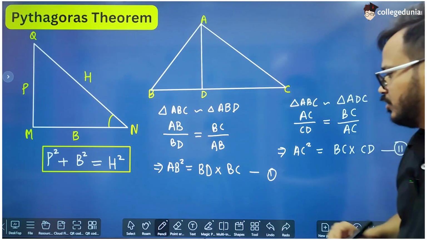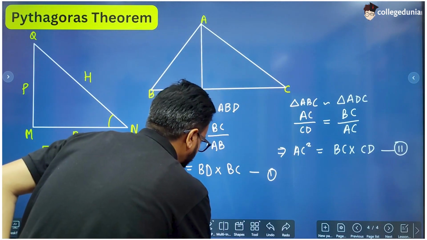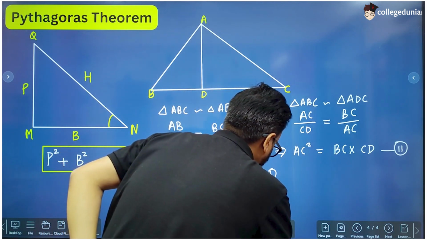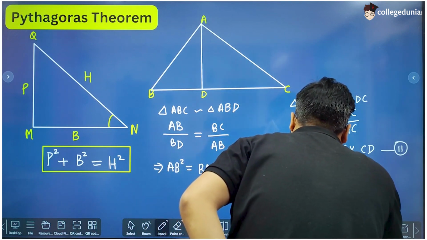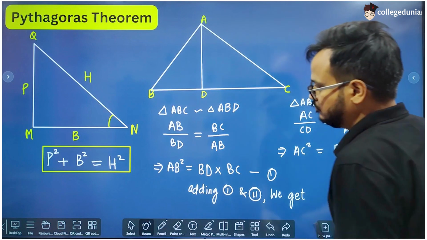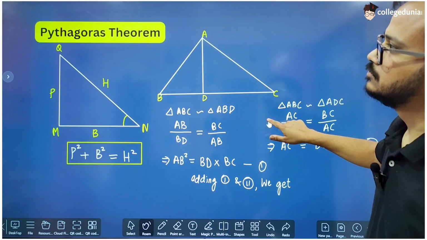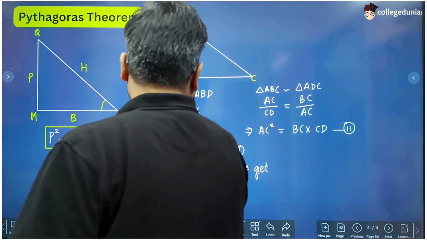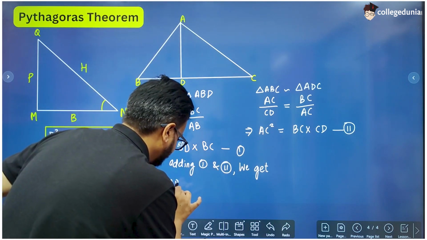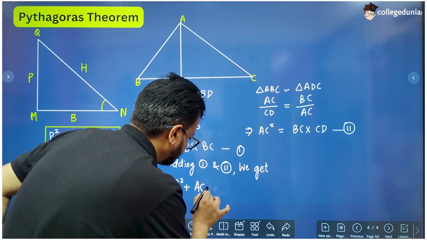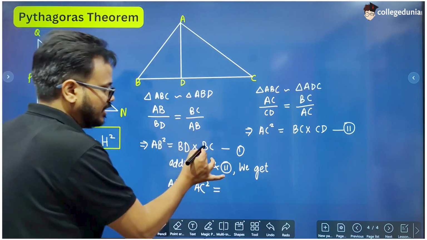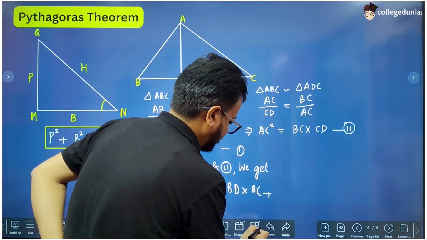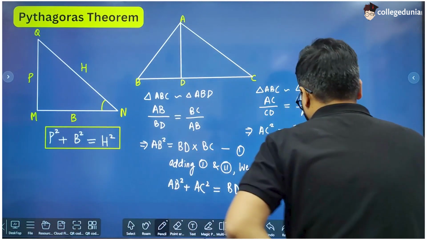Now let's add 1 and 2. Adding 1 and 2, we get AB square plus AC square equal to BD into BC plus BC into CD.